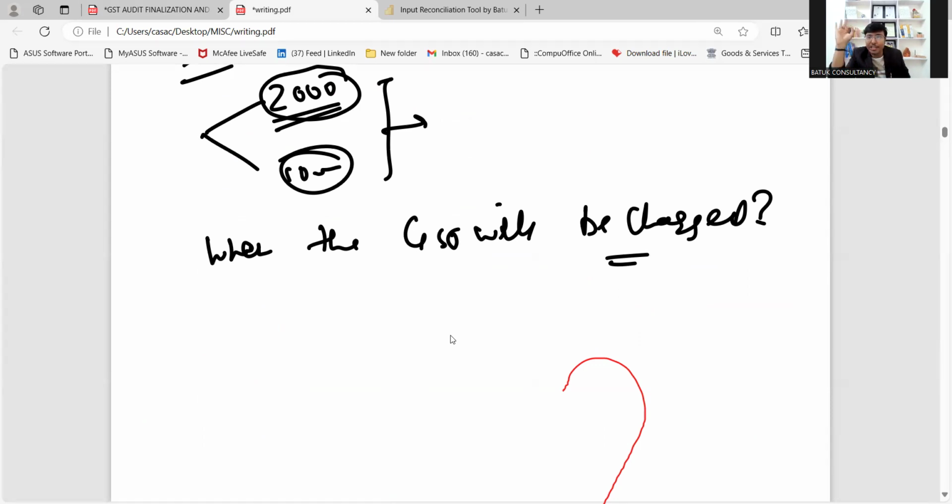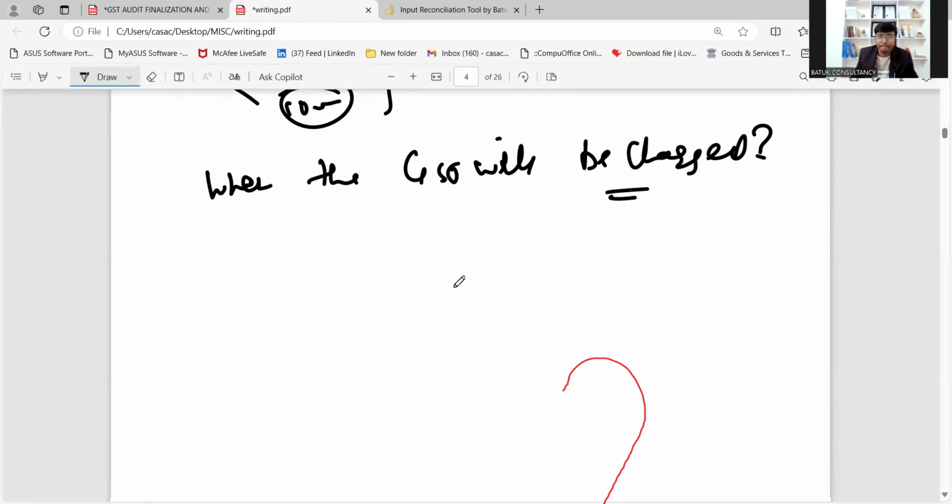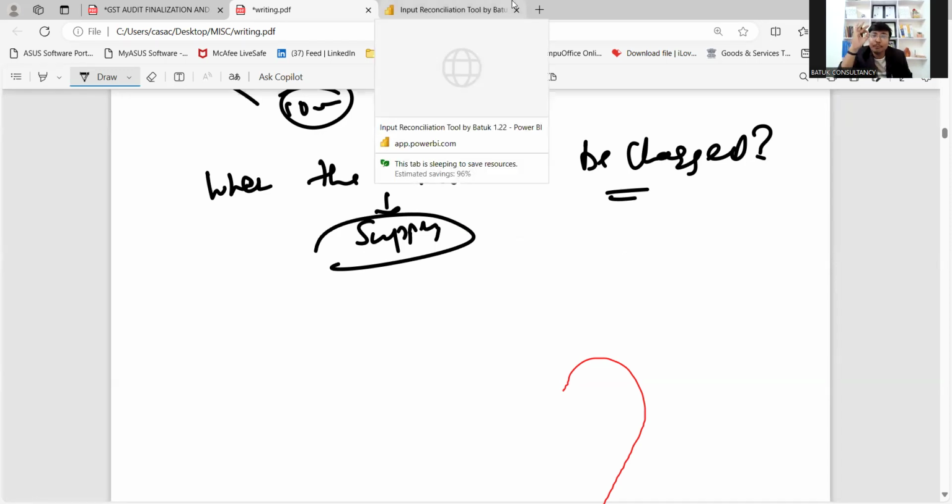When will the GST be charged? Yes, GST will be charged on the supply.